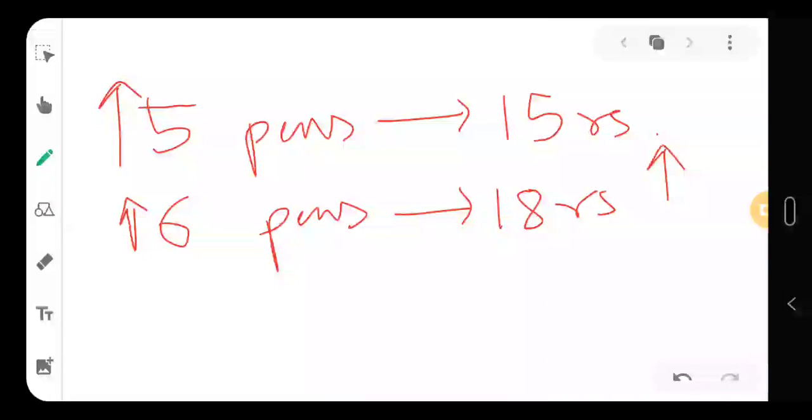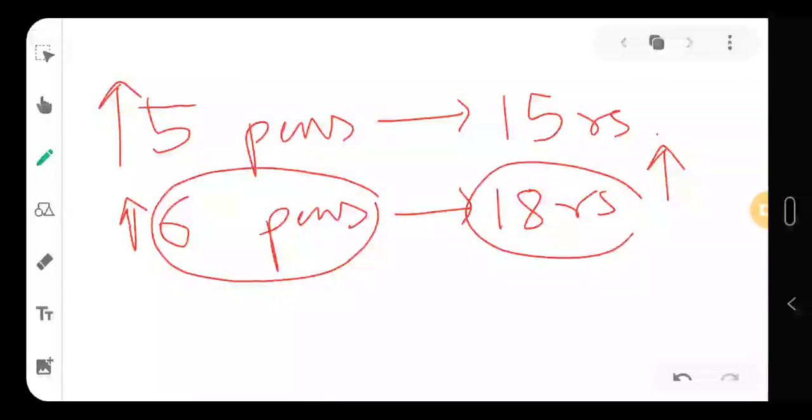So if we have two quantities like this, one is pens and one is rupees, and both of them increase in a similar fashion, that means the increase of this quantity is dependent on the increase of this quantity. So when they are correlated with each other, they are in a direct relationship.